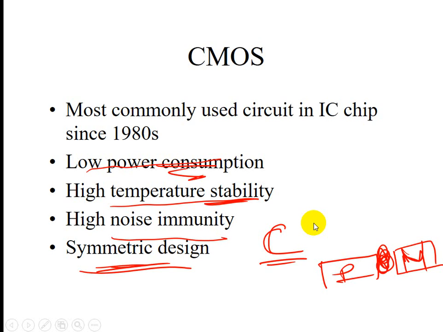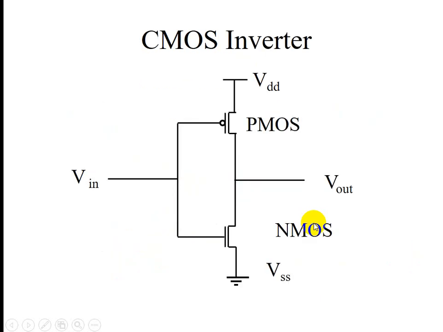It's a symmetrical design. That kind of design will give you a better quality and low power consumption. Okay, this is the electronic symbol for CMOS, and let's look at what is CMOS and how it is called an inverter.